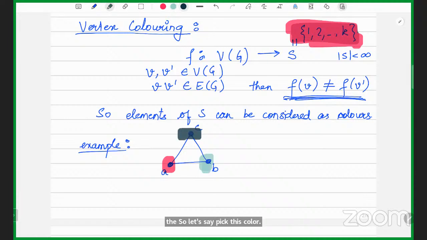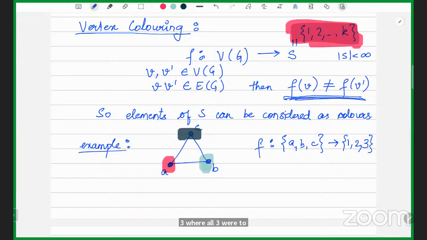This way I have defined a function f from the vertex set A, B, C to 1, 2, 3, where all three vertices have gone to three different numbers. Such a coloring is called a proper coloring.